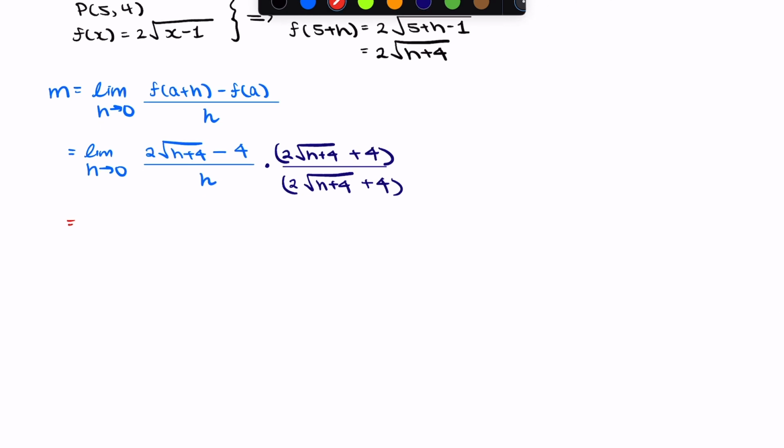And so here, if we simplify, we'll get the limit as h approaches 0 of (2√(h + 4) − 4) multiplied by (2√(h + 4) + 4). And here, what we'll get is 4(h + 4) − 16 over h(2√(h + 4) + 4).